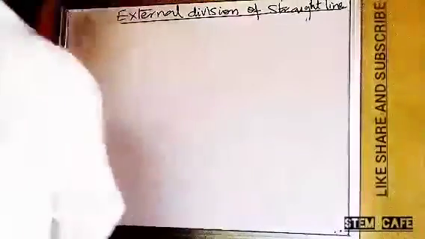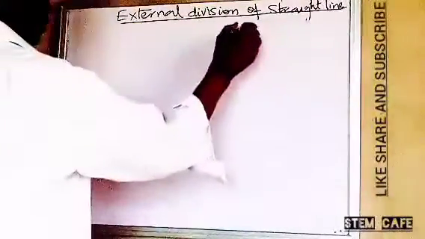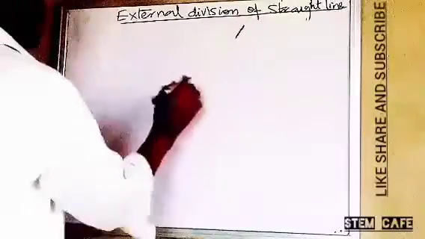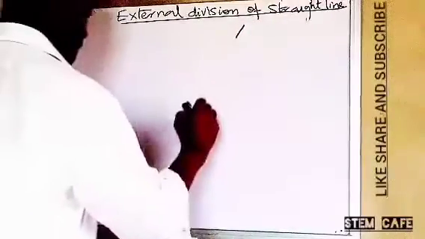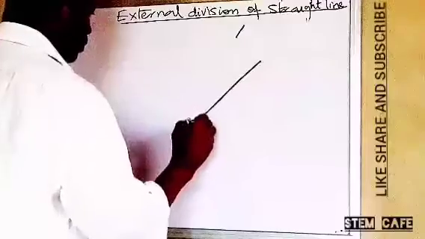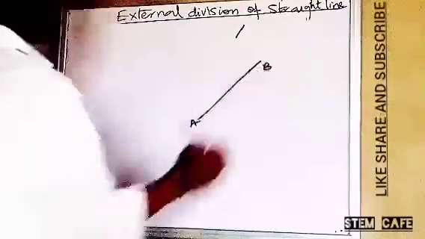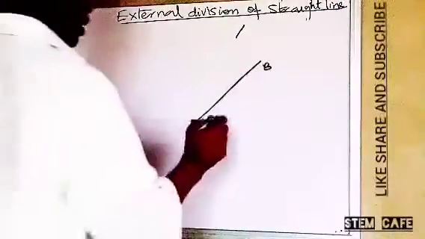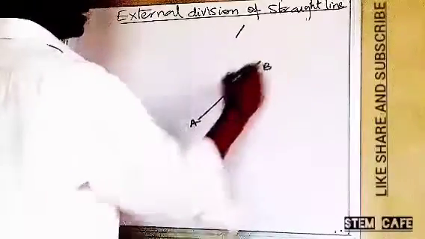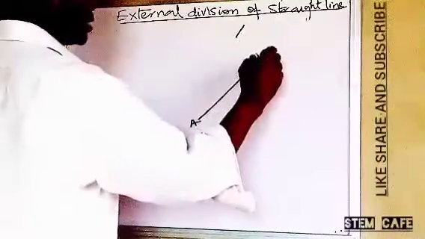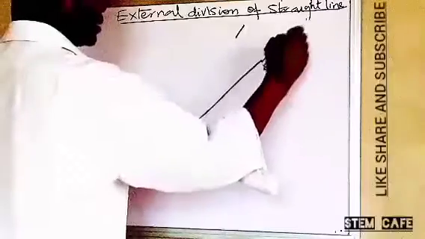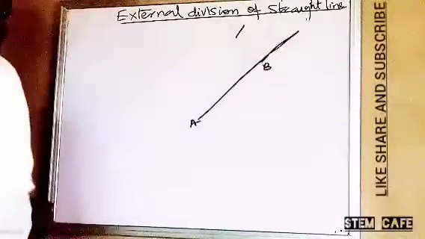Now we are handling external division of a straight line. Let's say we have a line AB, and we are to divide it externally. The point where the external division will occur means it is going to be outside. That's why we call it external division.